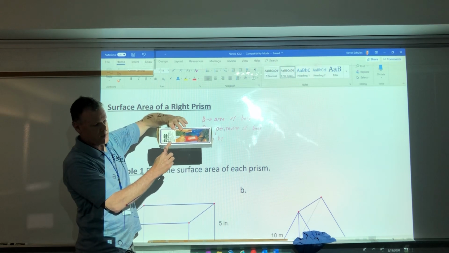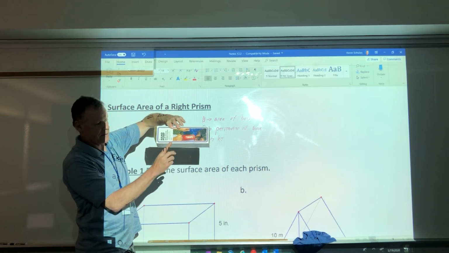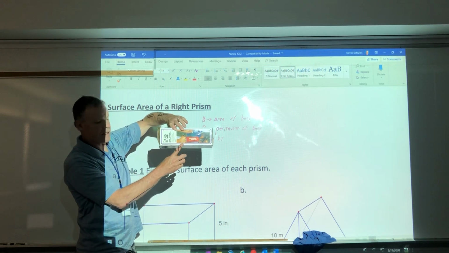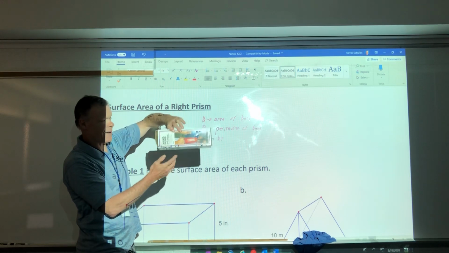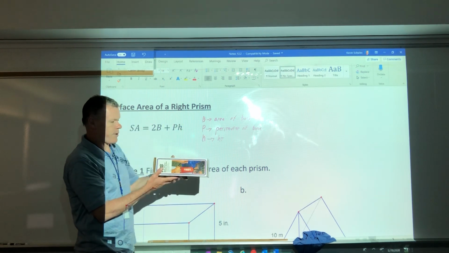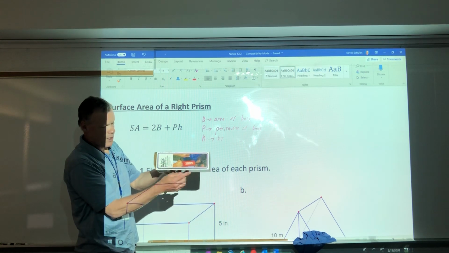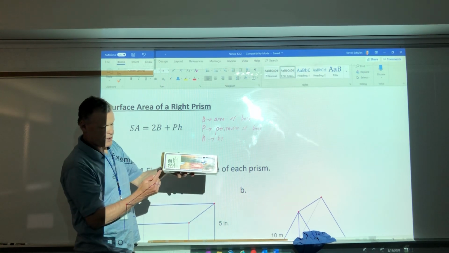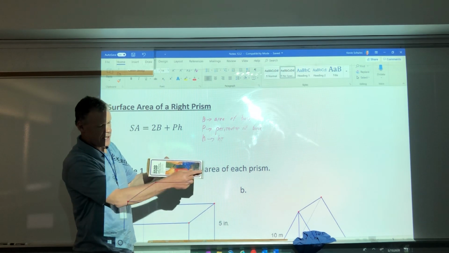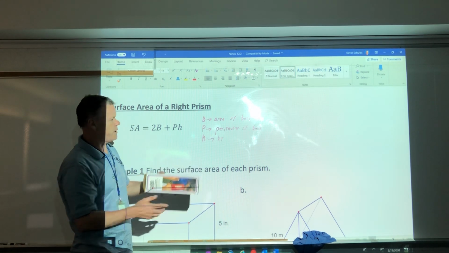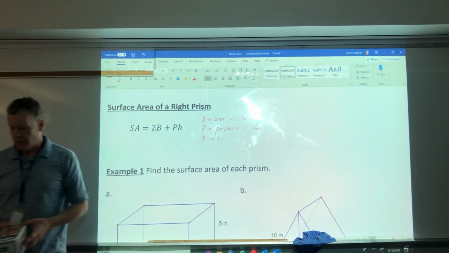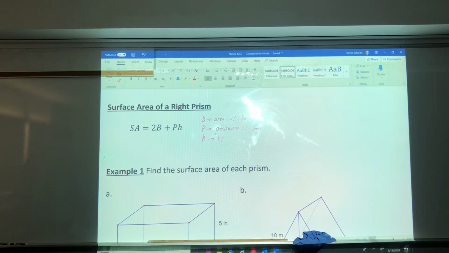That's going to be adding the length, the width, length and width, or 2 times the length plus 2 times the width, which is distance around. That's going to give you your P, your perimeter, and then this would give you your height. So this is your area of the base down here. Your perimeter is the distance around the base, and then your height would be right here on your rectangular prism.